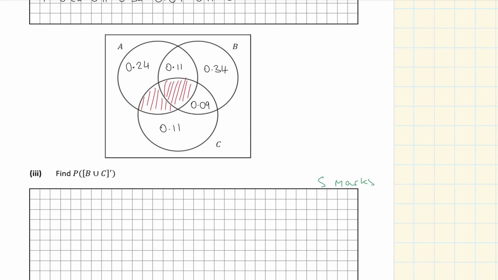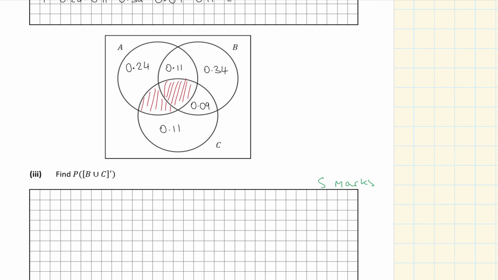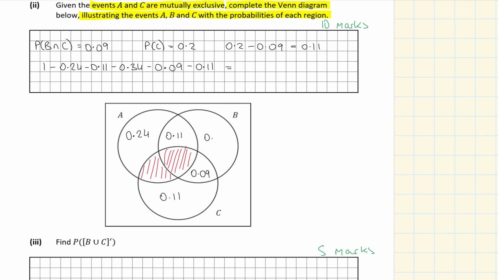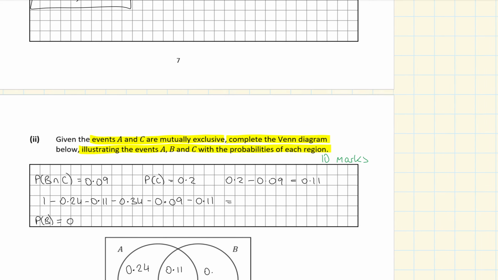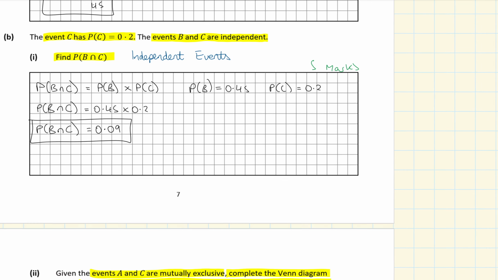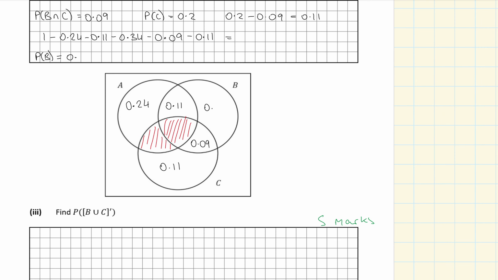Let me see. For B, originally B was 0.45. I need to subtract my intersection with C from that. It'll be 0.45 minus 0.11 minus 0.09.